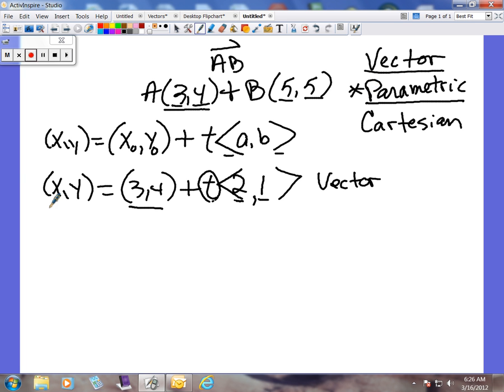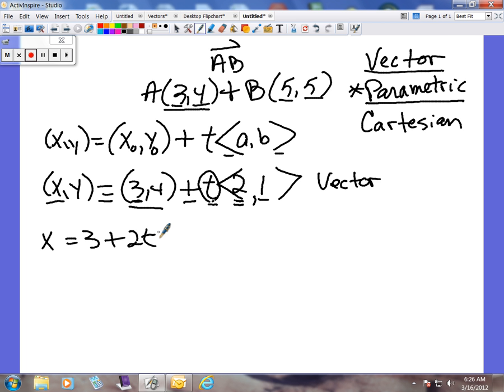We start with the x here. x equals the x in this ordered pair, the initial ordered pair, 3, plus t times the x in the vector ordered pair. So that would be plus 2t.